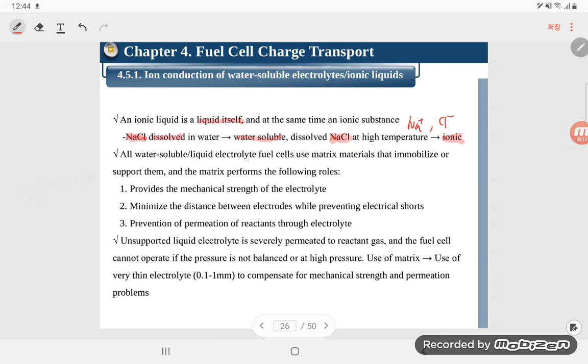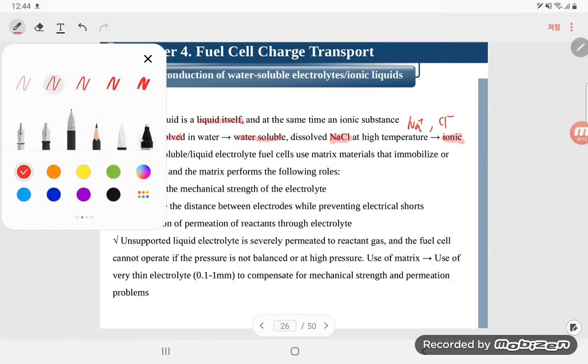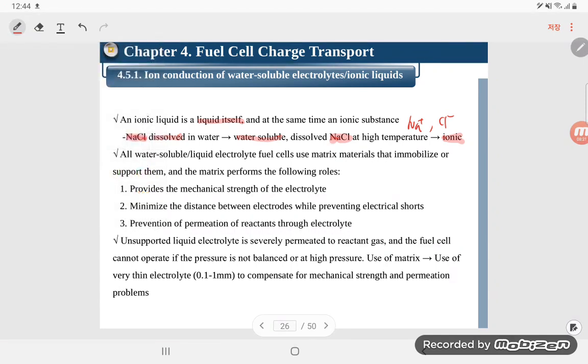So all water-soluble liquid electrolyte fuel cells use a matrix material. We already talked about this one. It immobilizes and fixes the liquid, that makes the liquid fixed or supported. And the matrix performs the following roles.